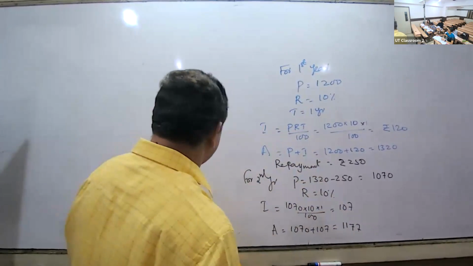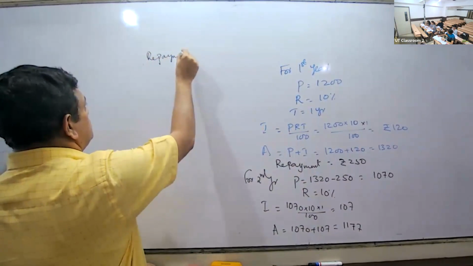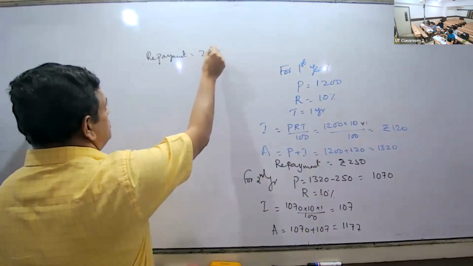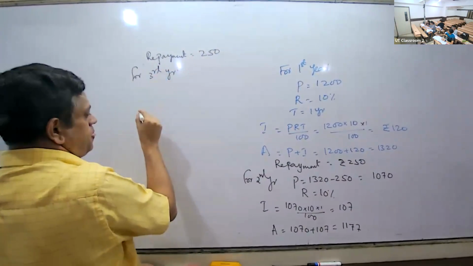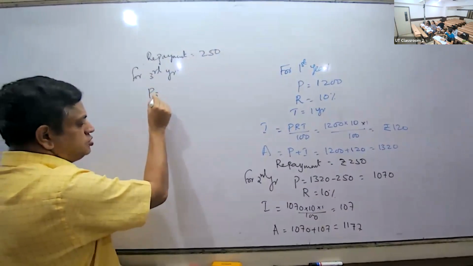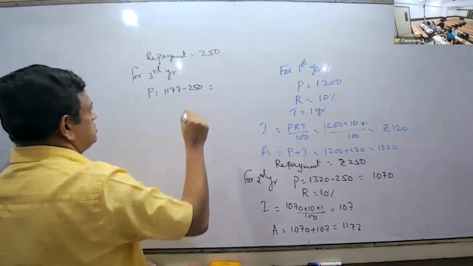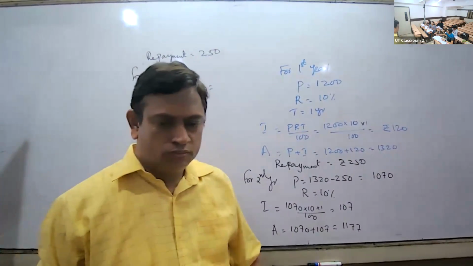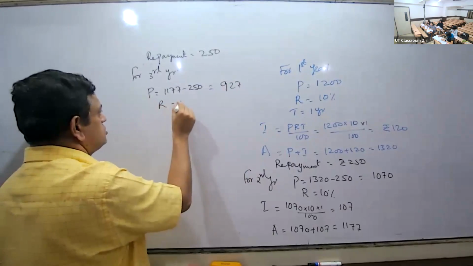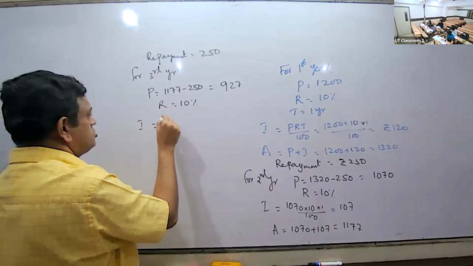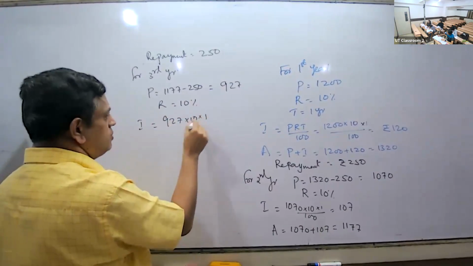These are units in rupees. Next, repayment is equal to how much? Same 250. For the third year, P is equal to 1177 minus 250. Subtract. 927. All of you subtract, okay? 927. Same rate of interest, R is equal to 10%. Therefore, I is equal to 927 into 10 into 1 by 100.